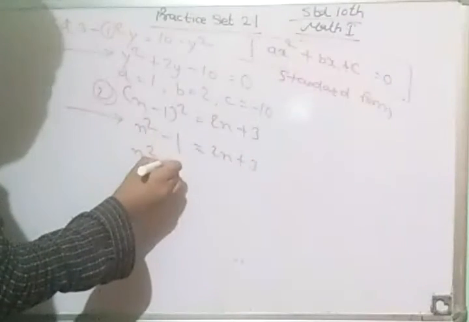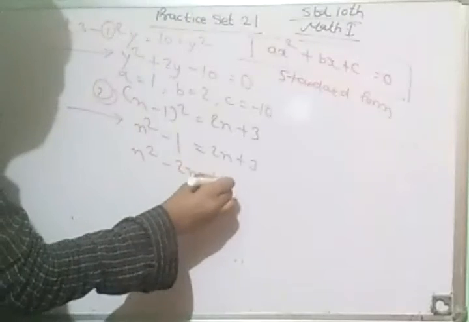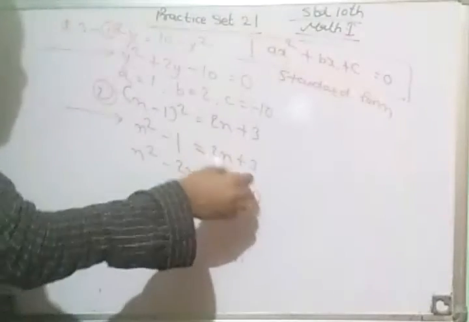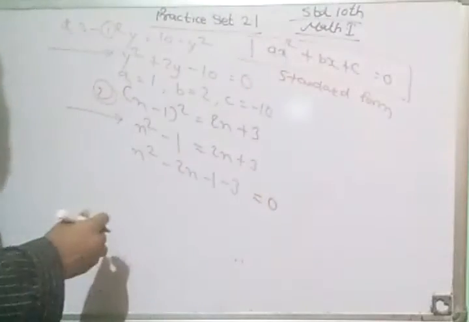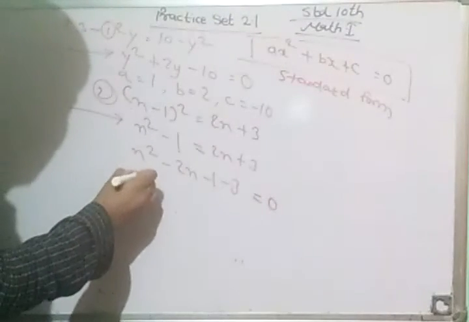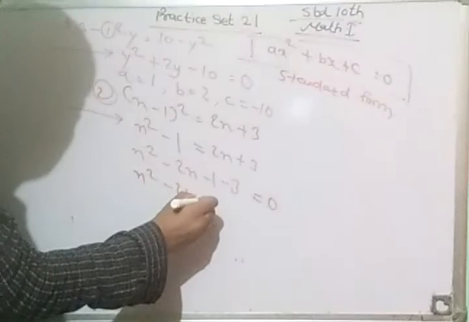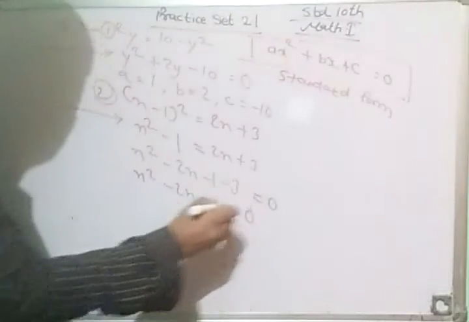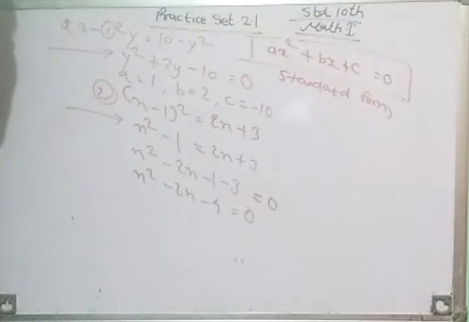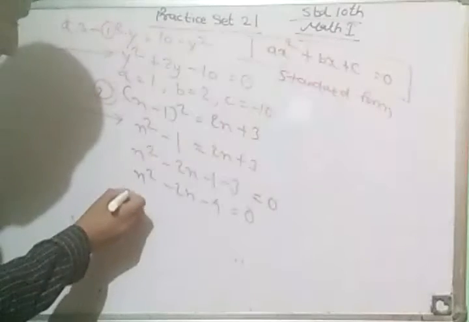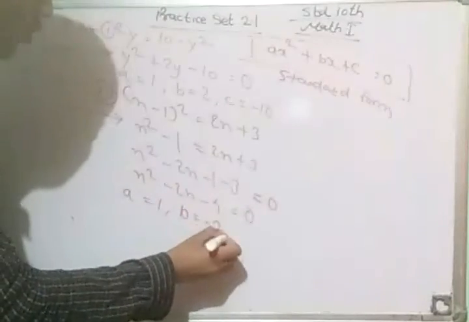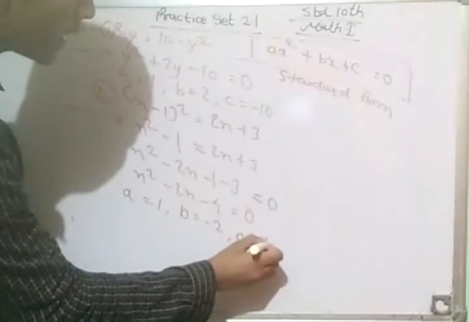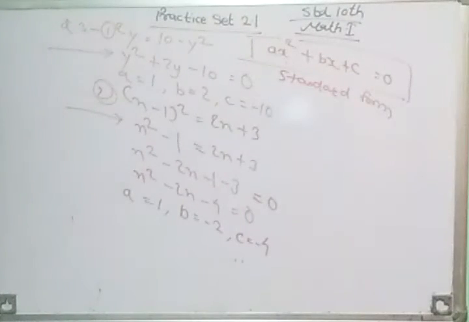We change the values of 2x plus 3 to this side, so signs are changed. So x square minus 2x minus 4 is equal to 0. So this we write as a quadratic equation. So value of a is equal to 1, value of b is equal to minus 2 and value of c is equal to minus 4. So our third question is also complete.